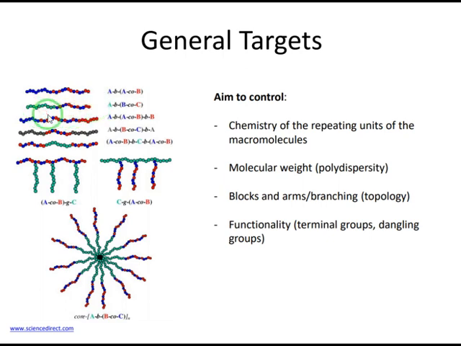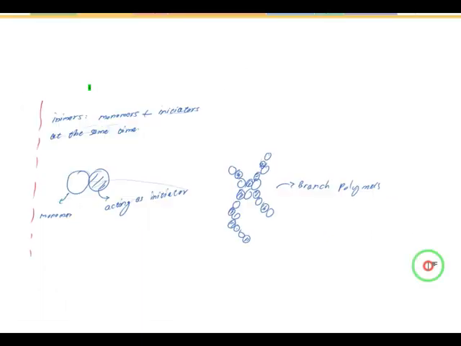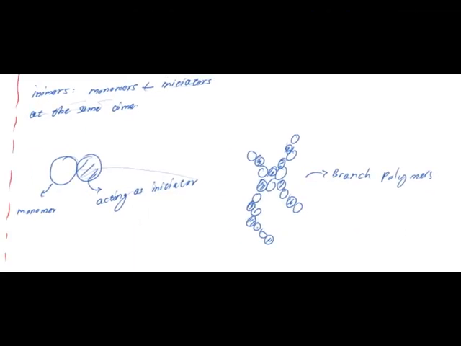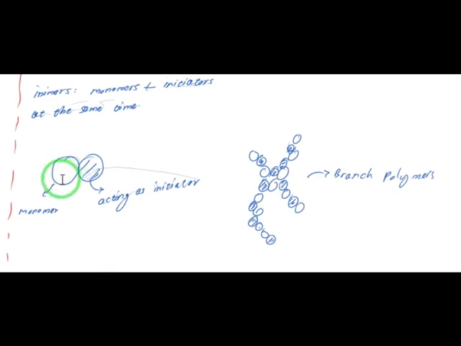And as another example, we can also use the inimers, as you see here. Well, an inimer is a combination of a monomer and an initiator. Okay, so the ini for the initiator and the mer for the monomers.